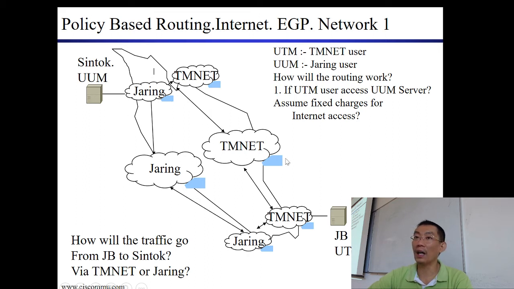How would the routing work? Will it be via TMNet network or via Jaring network? Which one do you think? Via TMNet. Okay, keep this in mind. This is for network 1 now. In the internet you pay fixed charges, correct?